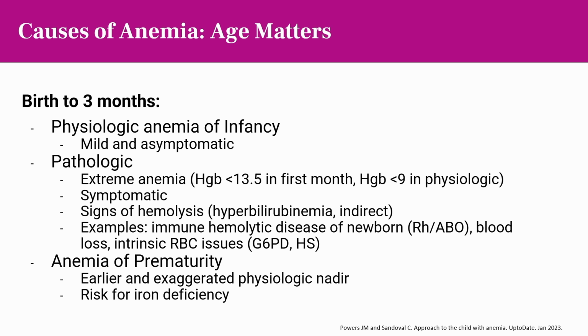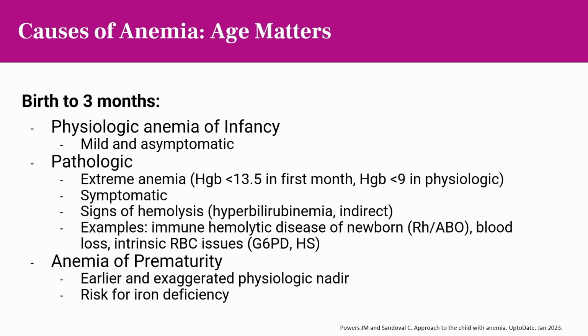Any of the following below would signify a pathologic anemia in this age group. So any extreme anemias in a term baby, hemoglobin less than 13.5 in the first month, less than 9 in the physiologic time frame. Any signs of symptomatic anemia, so in this age group we look for poor feeding, lethargy, poor weight gain, shortness of breath. Signs of hemolysis, so an exaggerated indirect hyperbilirubinemia.